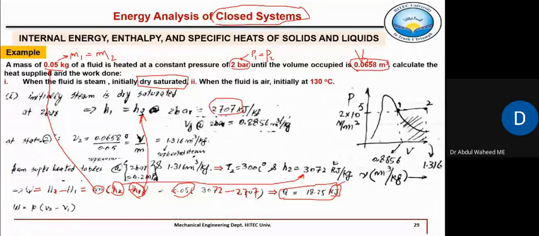Now work transfer, work done is simply given by P into V2 minus P V1. So here is pressure, which is constant, in Pascals, Newton per meter square, into meter cubes per kilogram, V2. Where is V2? This was V2, this is V1. 0.8856.